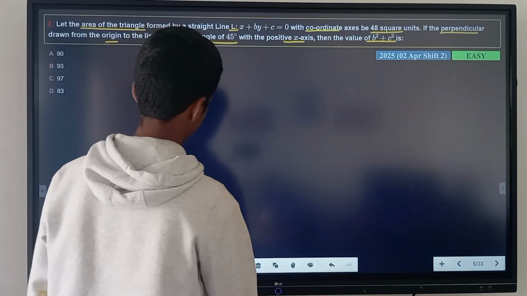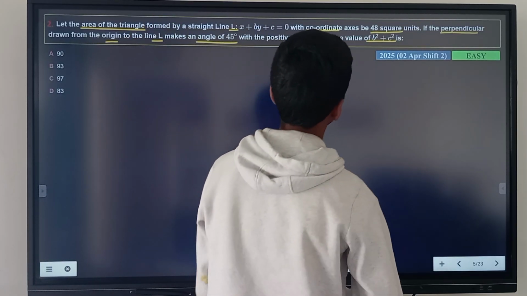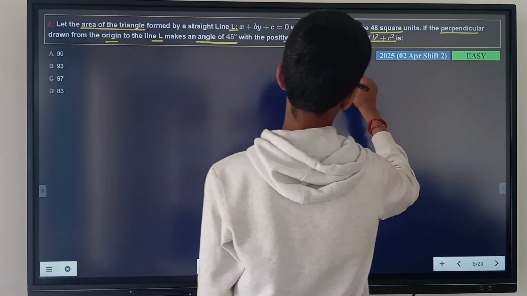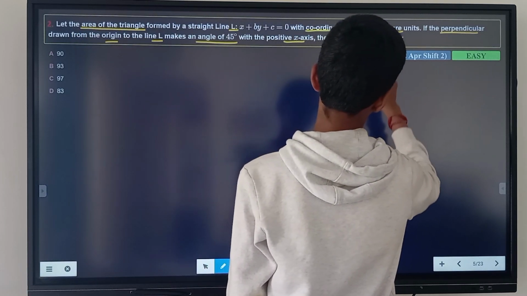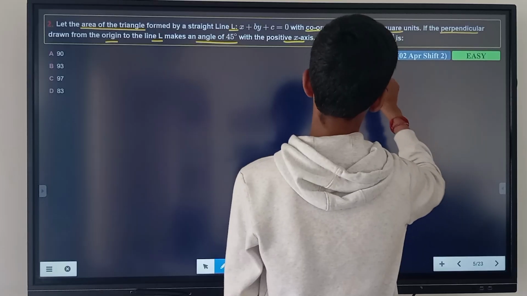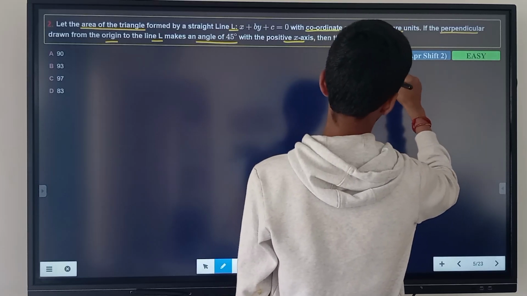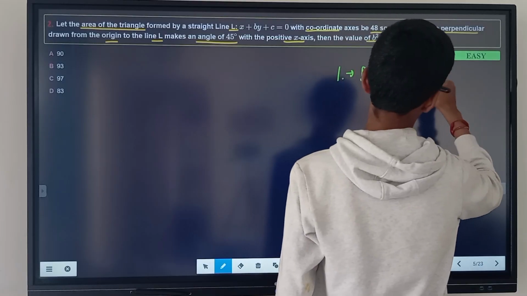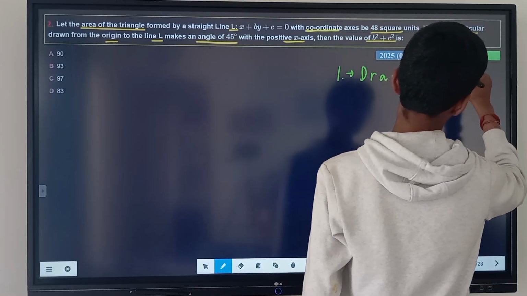So here in this question, let's write the steps. First step will be draw a graph.